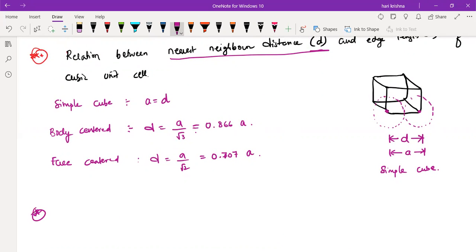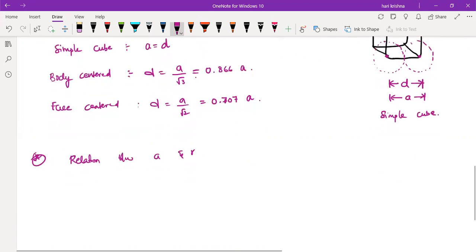Next one, the relation between A and R. In the case of a simple cube, what is the relation?